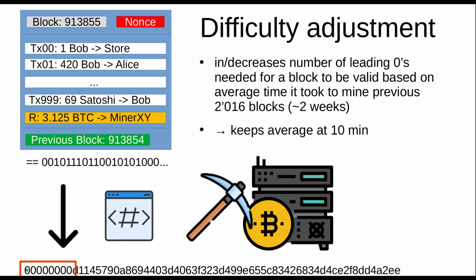And so every bit out here, or if we look at it in hexadecimal, every digit here represents 4 bits. Every outcome is basically a random outcome. And so think of it like a coin flip. If you want to have 1 head, that's a 50% chance of getting 1 head.